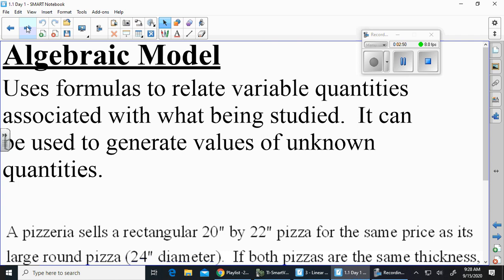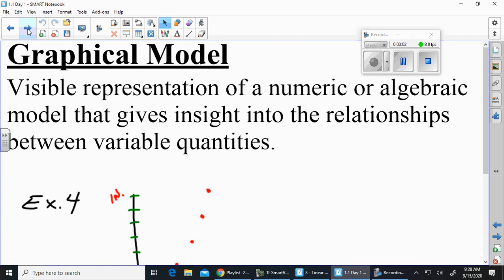So with algebraic, you have a formula. Numerical, you have numbers. And obviously, graphical means you have a graph of your numeric data or a graph of your algebraic equation that gives insight into the relationships between the variable quantities.